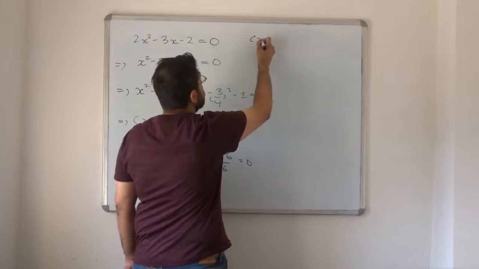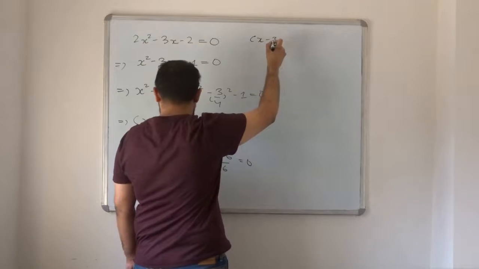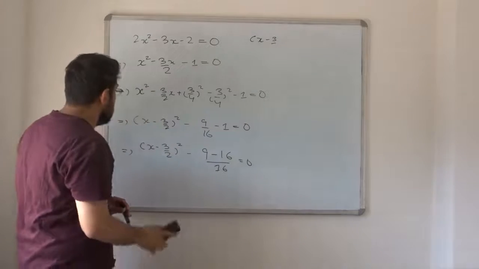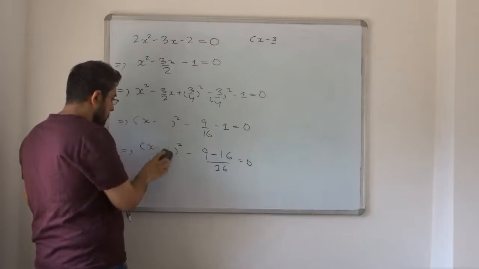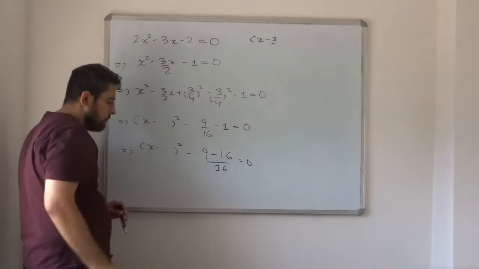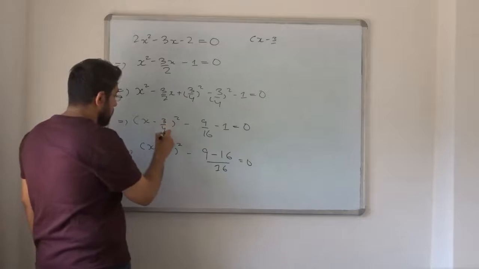So now obviously you get x minus 3 by... wait guys. You get 3 by 4.